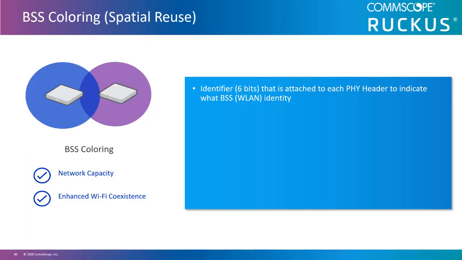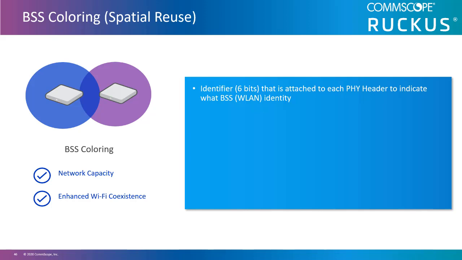Basic Service Set Color is a 6-bit identifier that is attached to each PHY header to indicate what wireless LAN it is transmitted from. In high-density venues, such as stadiums or large conference rooms, this problem becomes more acute because of the number of APs and clients.